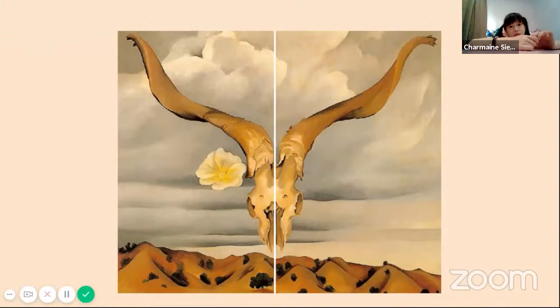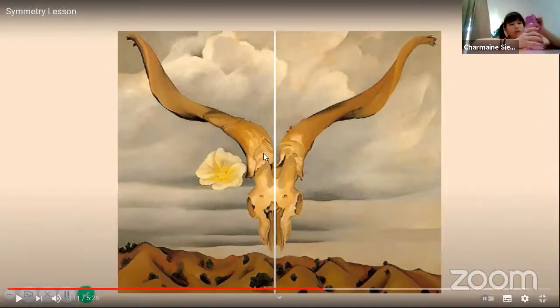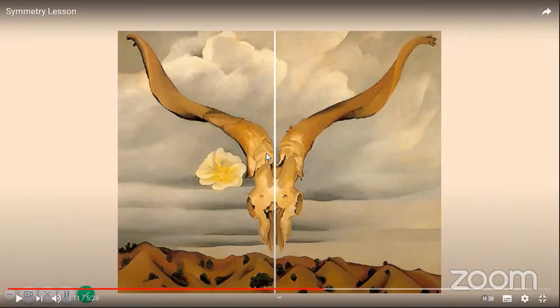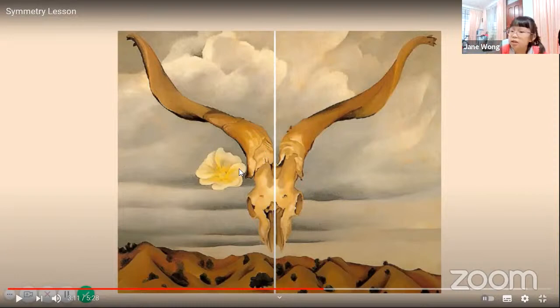Now let's take a look at this artwork. This is a painting by Georgia O'Keeffe. Now let's examine this because there are some things in this artwork that are symmetrical and some things that would not be. I think it's a horn with some goat or some kind of animal, maybe. I'm not sure. The flower is not symmetry and the floor is not symmetry.